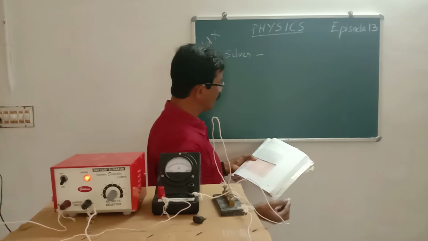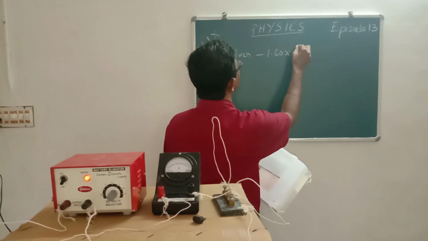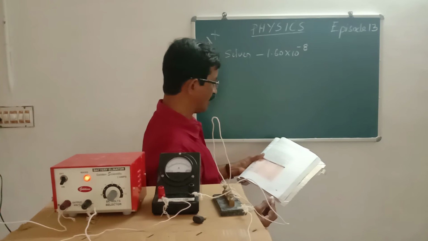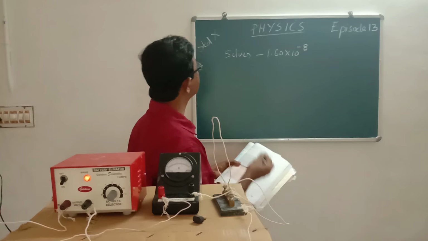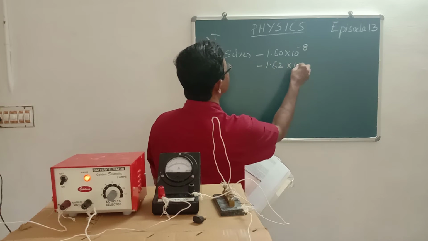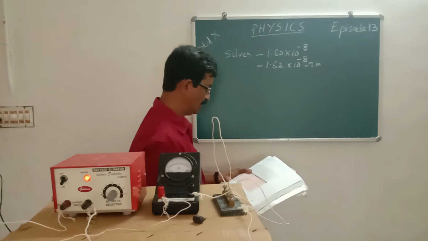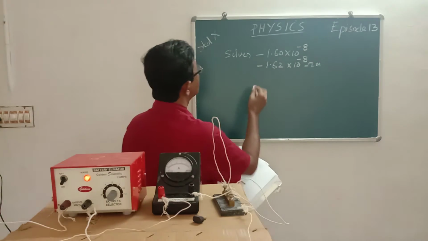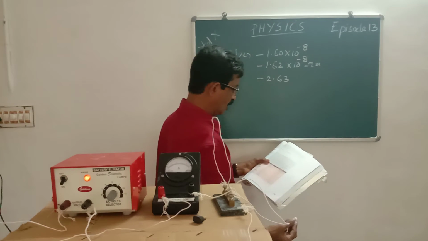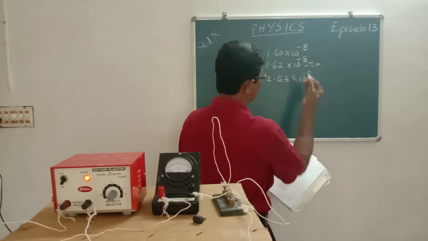Silver, its resistivity is given as 1.60 into 10 raised to minus 8 ohm meter. For copper, it is 1.62 into 10 raised to minus 8 ohm meter. Then for aluminium, it is 2.63 into 10 raised to minus 8.